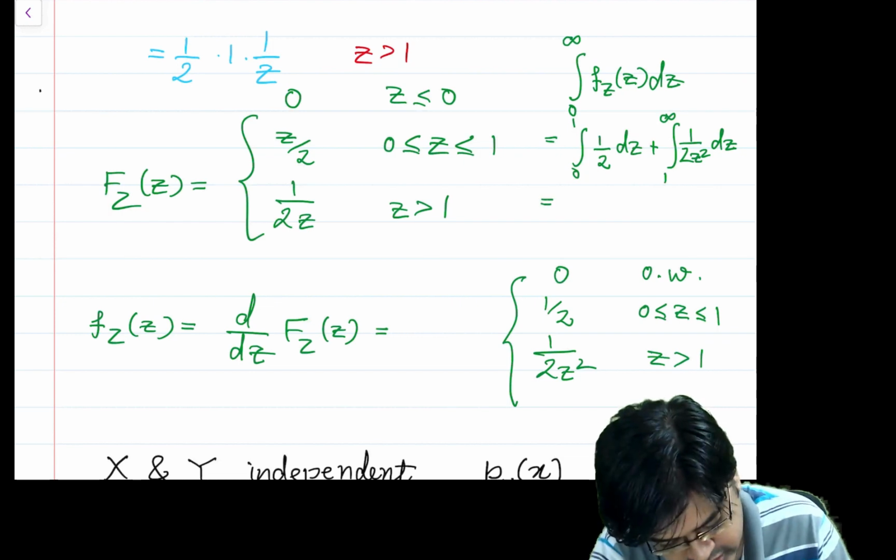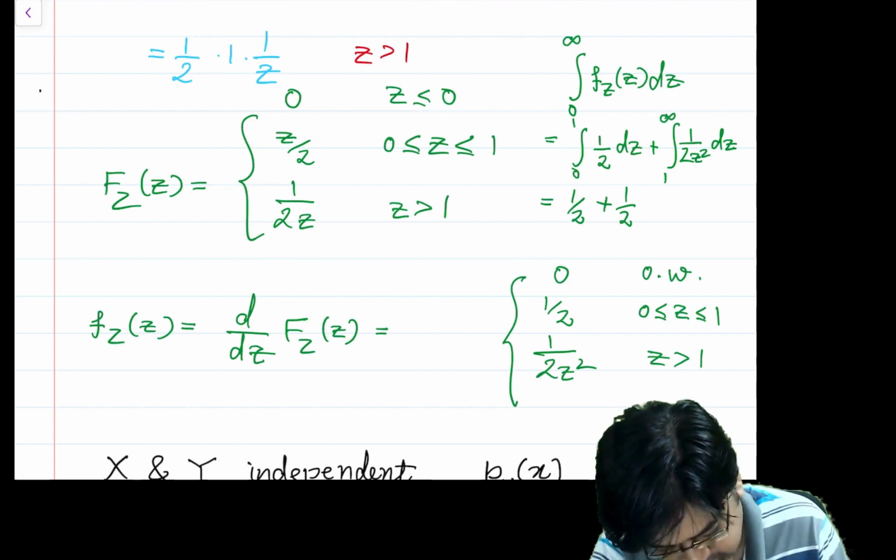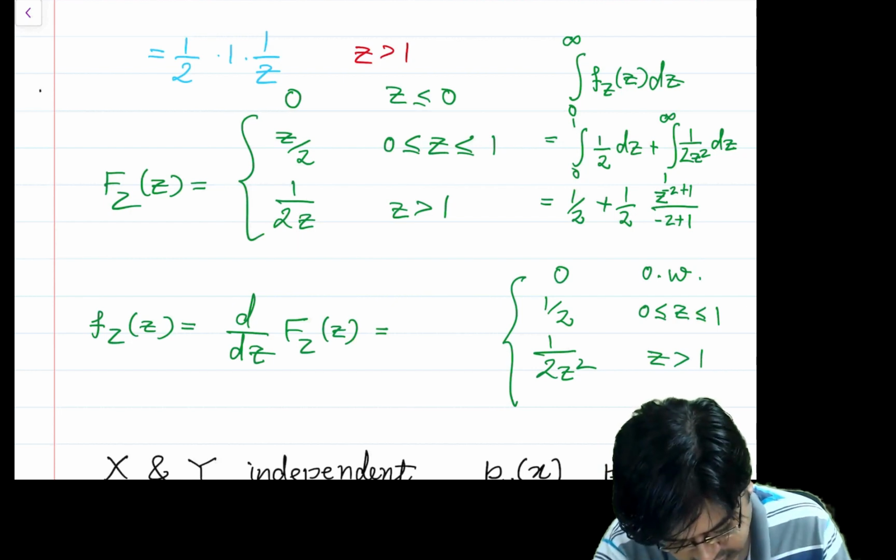That will give me z by 2, so this will give me half, plus integral 1 to infinity, half is thrown out. Now this integral is minus 1 by z, so z raised to minus 2 plus 1 upon minus 2 plus 1.